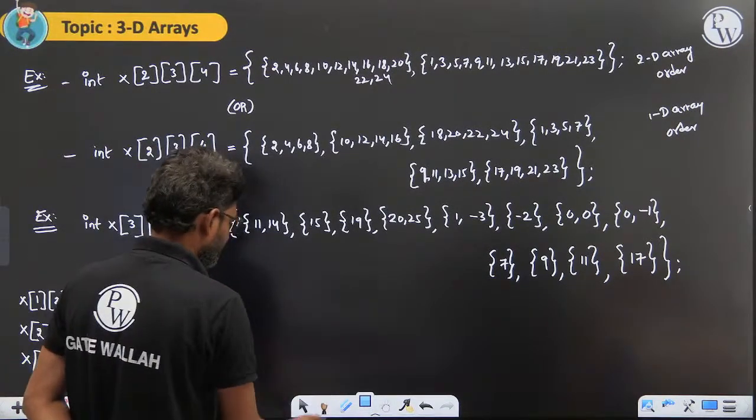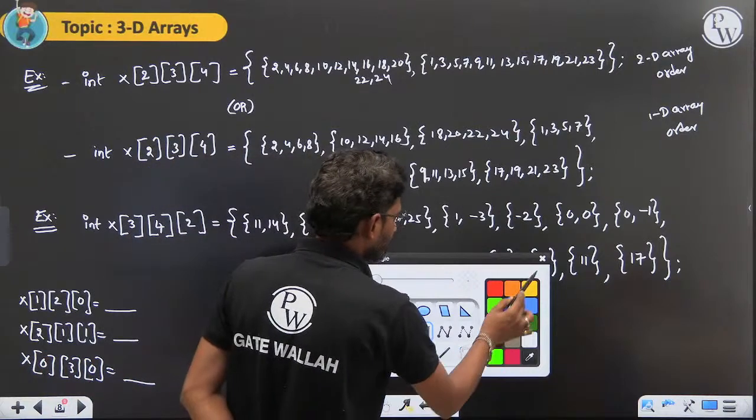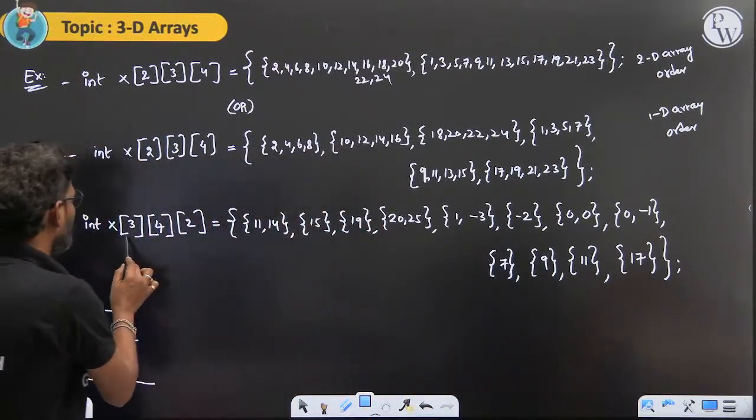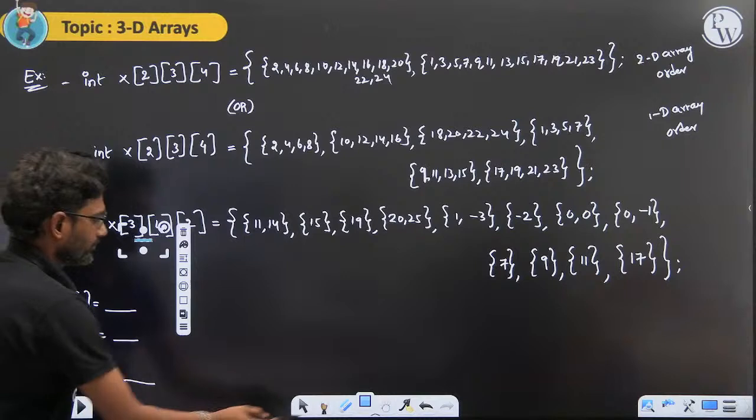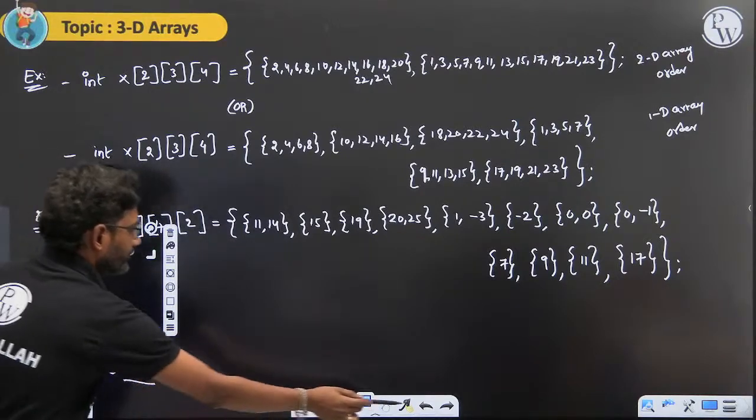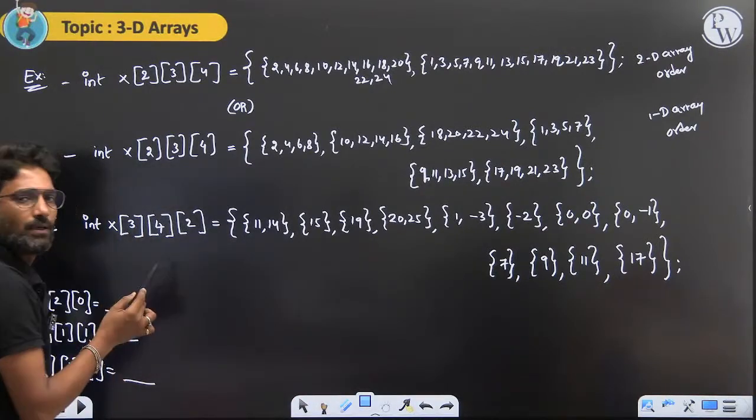Let's see. First, there are three 2D arrays.